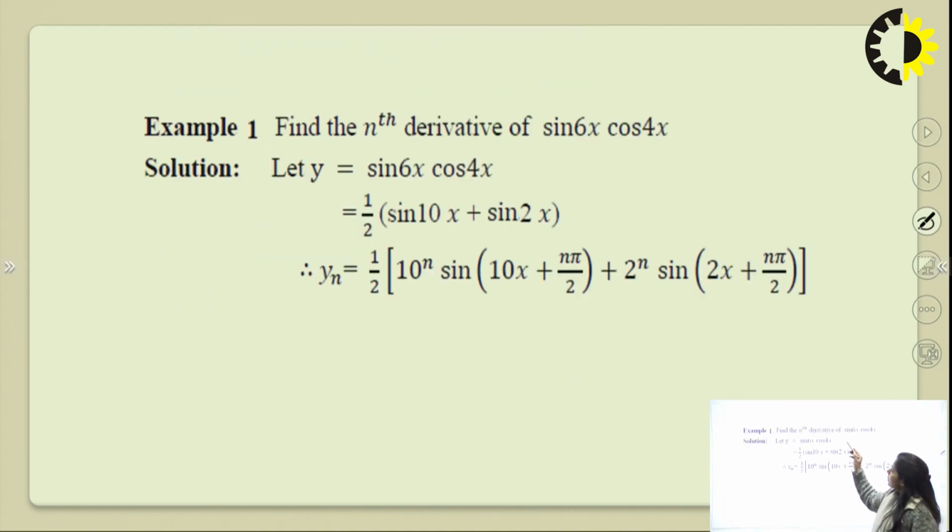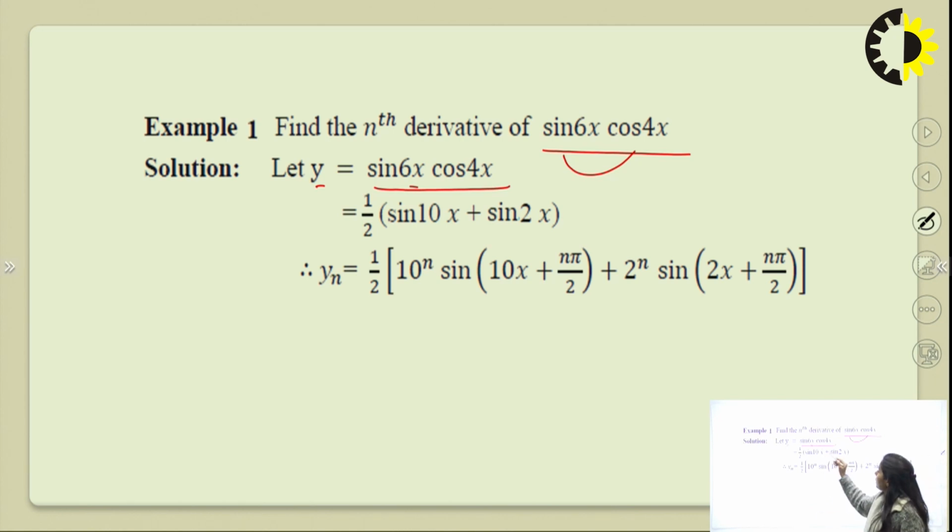Now we have to find the nth derivative of this function sin 6x cos 4x. This function is in sine or cos form but not in a standard form. Here is the multiplication of two functions. So now let y is equal to sin 6x cos 4x. Firstly we have assumed this function is equal to y.